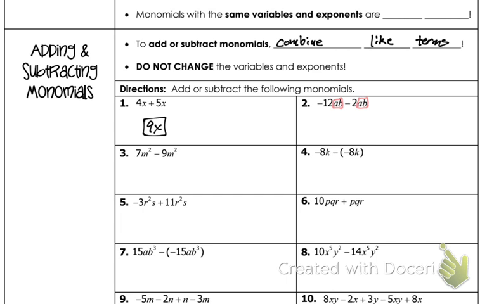We would have negative 14ab. Perfect, because we're going to do negative 12 minus 2, which gives that negative 14 that you had. I could do the work off to the side if you want to see it. So negative 12 minus 2 is negative 14. So negative 14ab would be our correct answer if I asked you to simplify that.